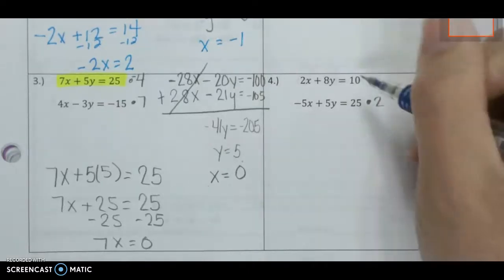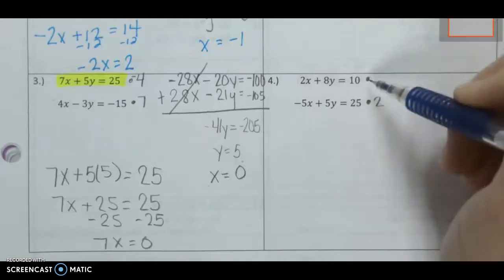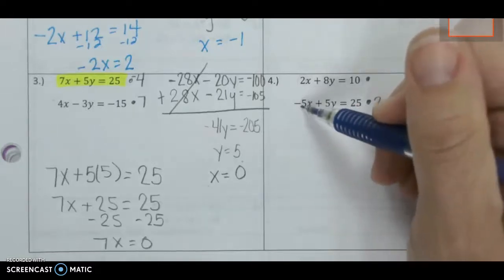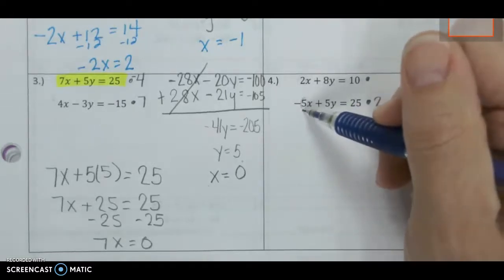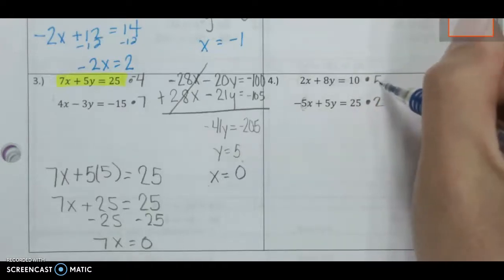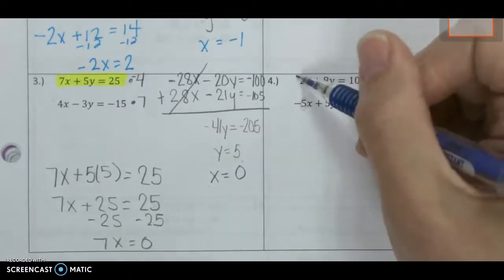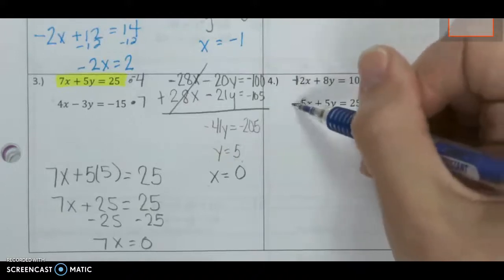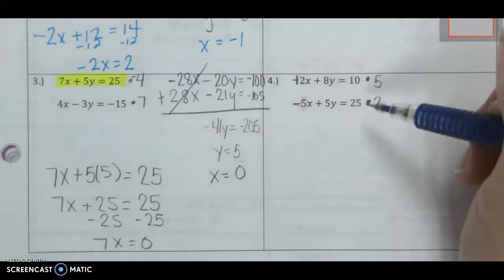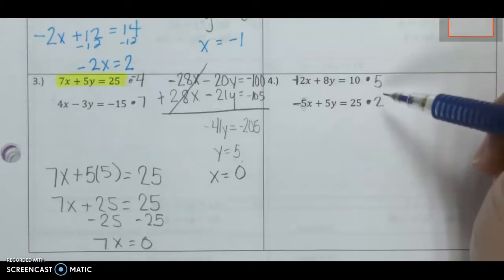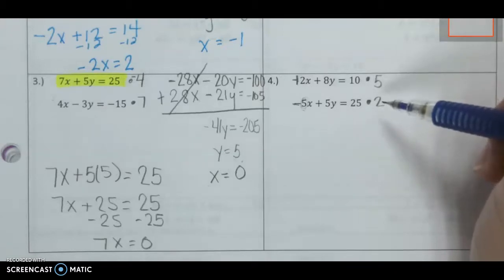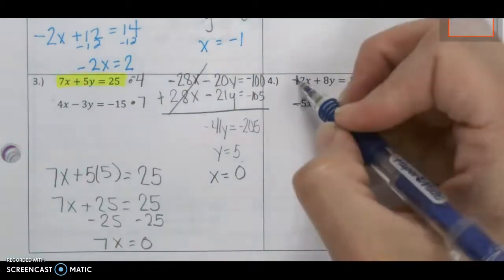And then my top equation, I'm going to multiply it by this number, 5. I already have a positive, negative, and I don't want to mess with that, so I'm not going to make either one of these negative. And then we multiply and we're off to the races.